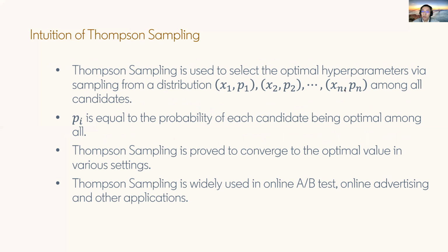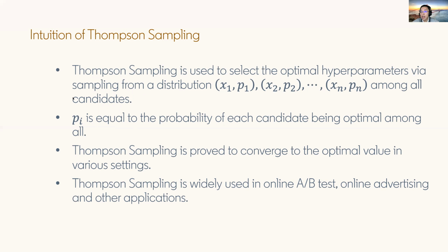Unlike EI or UCB, Thompson sampling will output a distribution, indexed by x1, p1 up to xn, pn. And pi is equal to the probability of each candidate being the optimal among all.